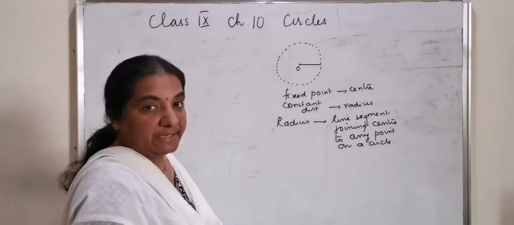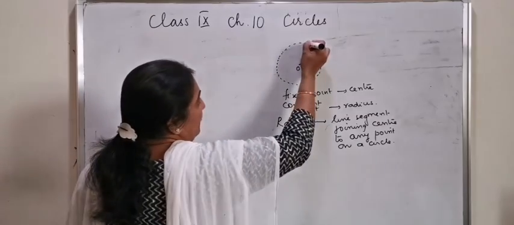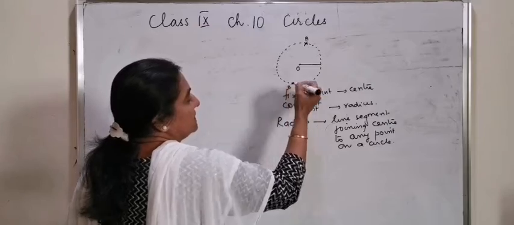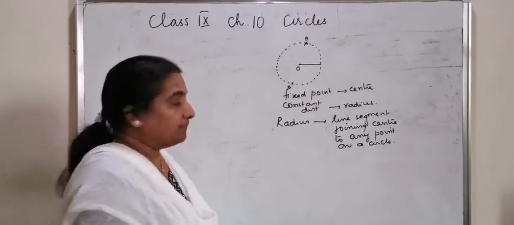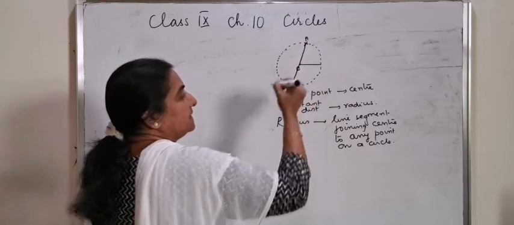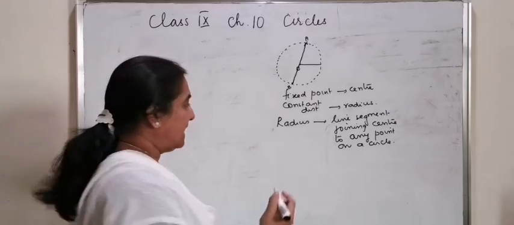What do you mean by the diameter of a circle? When you take 2 points A and B on the circle, and if you join AB through the center, the line segment AB will represent the diameter.